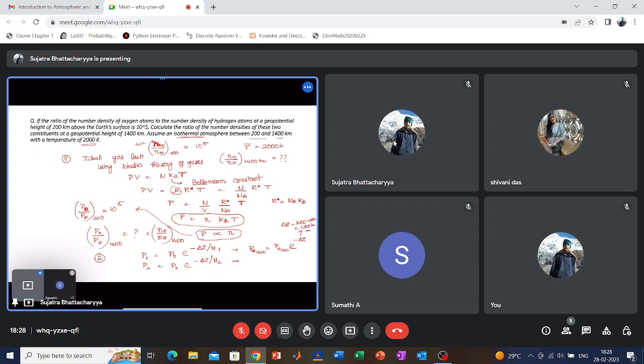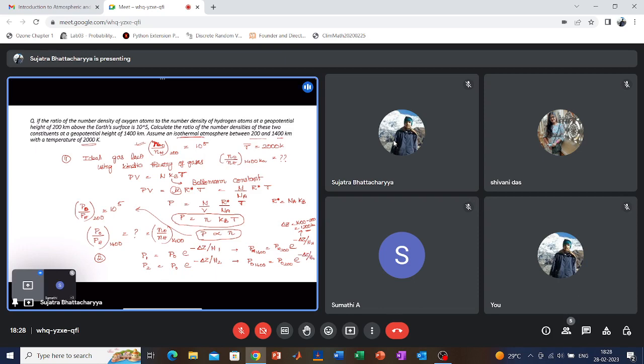This we know. Delta Z divided by, now this will be H of hydrogen. H is scale height. Similarly, P of oxygen at 1400 kilometers will be equal to P of oxygen at 200 kilometers e to the power minus delta Z, which remains the same, by H of O.